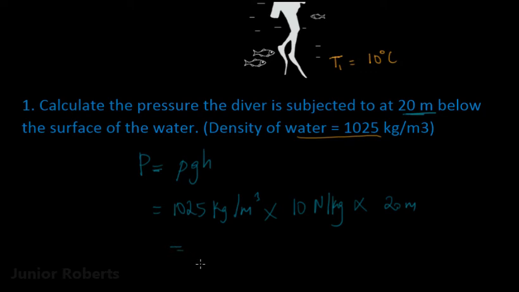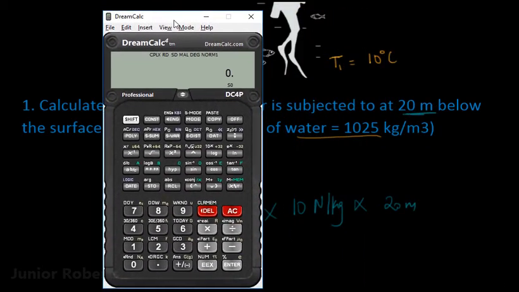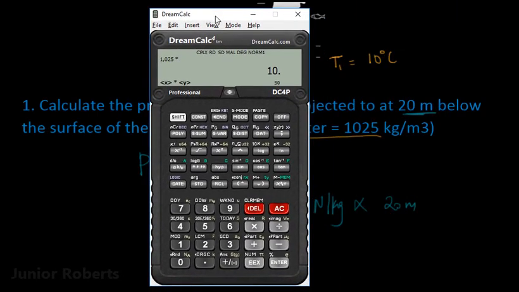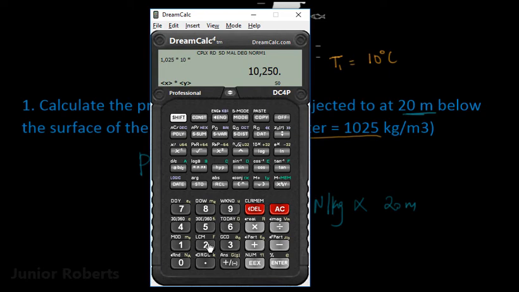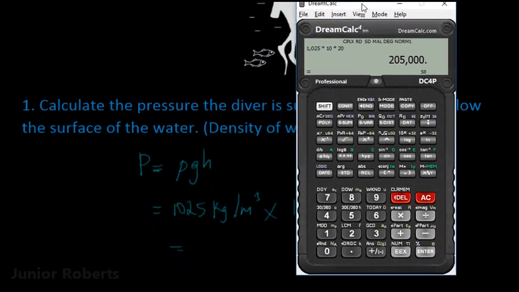Now if we pull on the services of our calculator, we can say 1025 multiplied by 10, multiplied by 20, and this will give us the pressure that the diver is experiencing at 20 meters below the surface.